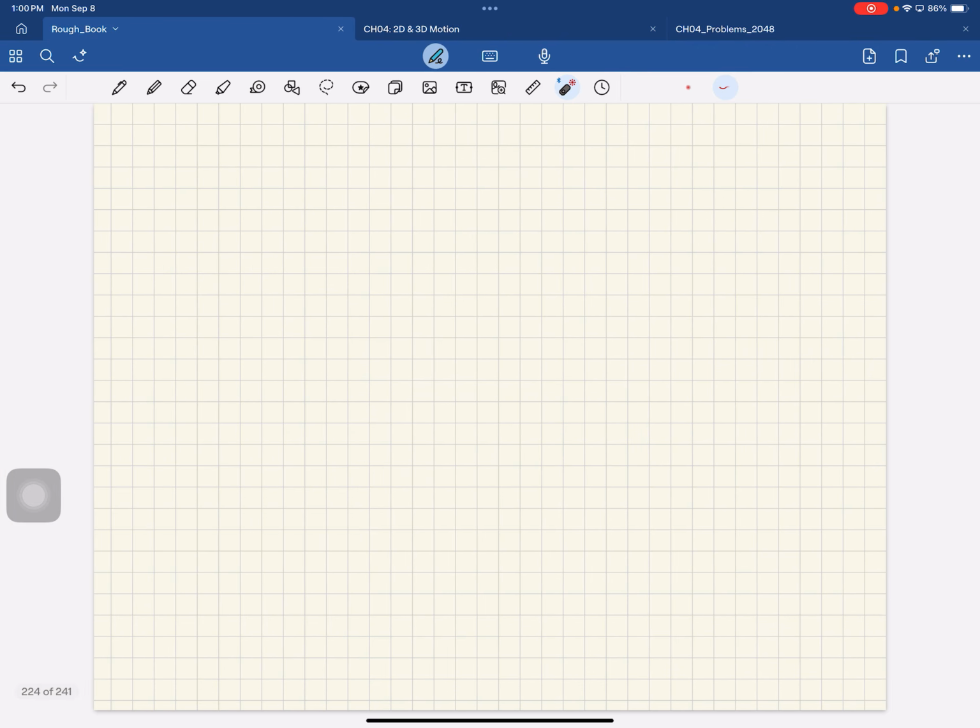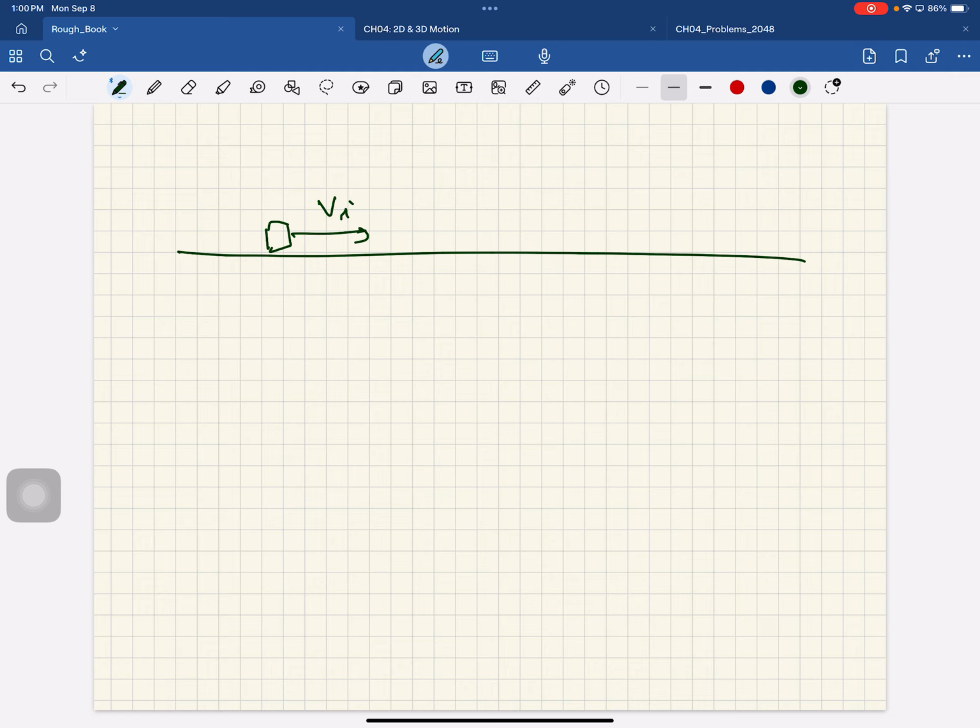All right, I'm going to remind you of a couple of things that we've talked about before, and then we'll try and apply it to a general trajectory. In this case, is this particle accelerating?